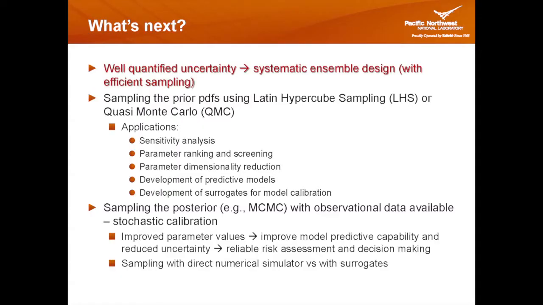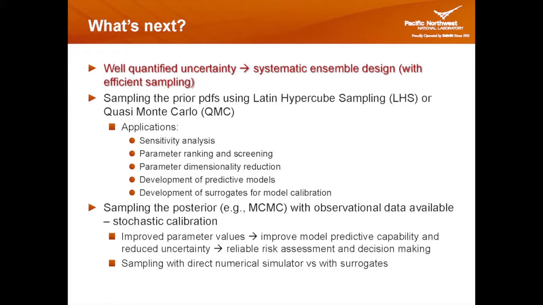After we quantify uncertainty, we can do a systematic ensemble design using efficient sampling, compared to arbitrary sampling. After we sample the uncertainty from this distribution, we can do a more reliable sensitivity analysis, not based on arbitrary samples.